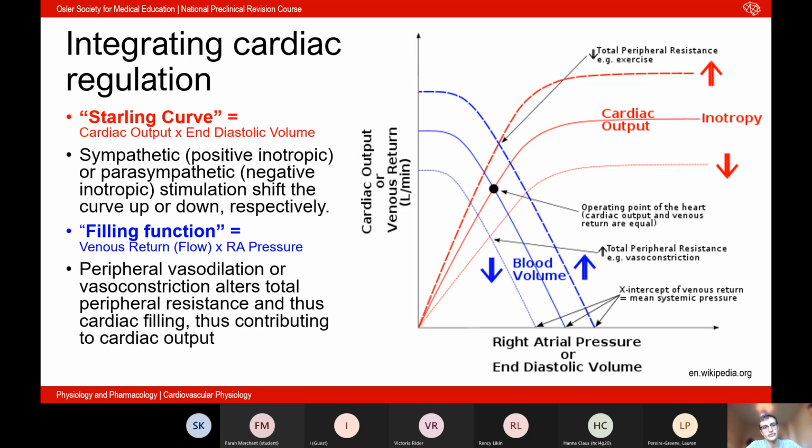And that is superimposed on this filling function, which is the idea that depending on the capacity of your venous system, how distended or contracted it is, venous return to the heart is going to change. And therefore, it's the balance in these two systems that gives you the crossover, which is where your cardiac output is going to sit at any given moment.